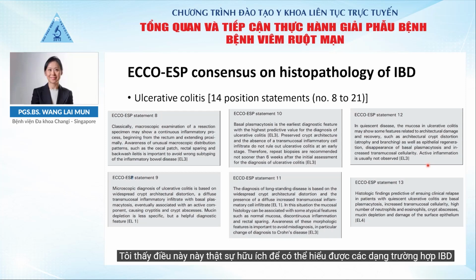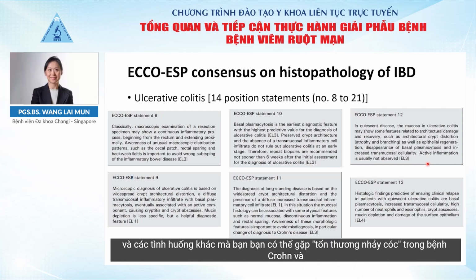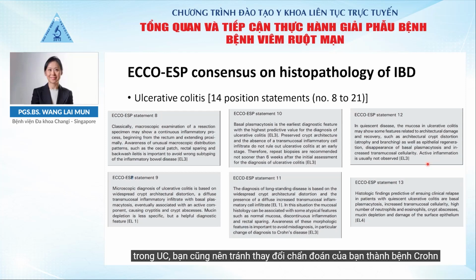So I find this a really helpful document to understand the spectrum of IBD and different situations where you can get skip lesions in ulcerative colitis, and should avoid suddenly changing your diagnosis to Crohn's disease.